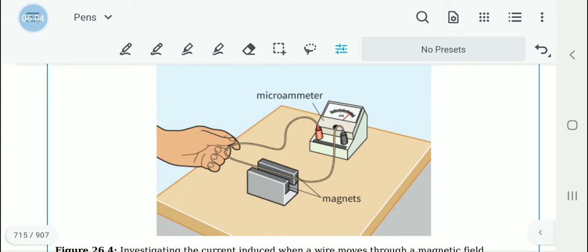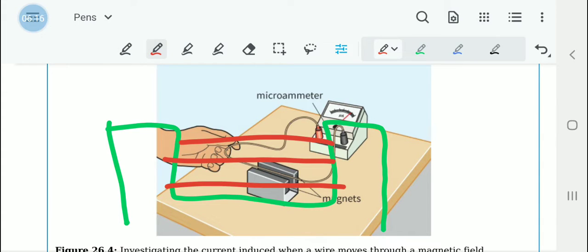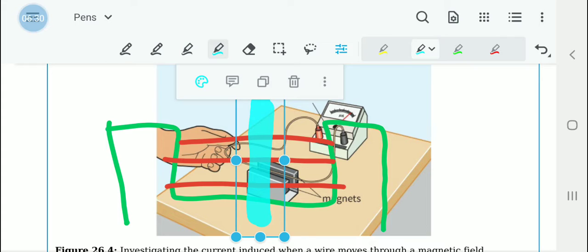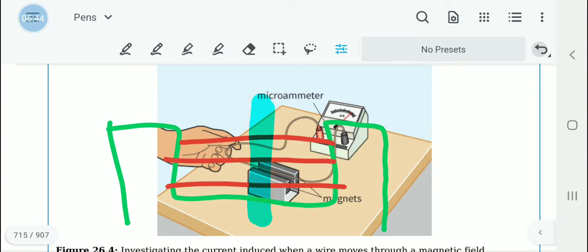If I draw the cross section of the magnet, the field lines would be placed like this, and the wire would move up and down like that, thereby cutting the field lines. So that induces a current in the wire.